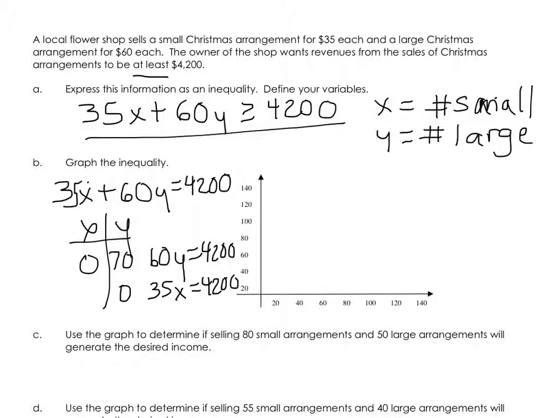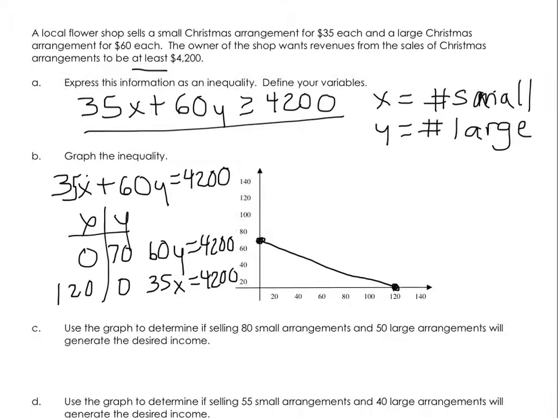Divide both sides by 35. 4,200 divided by 35 is 120. So we have (0, 70) and (120, 0). Solid boundary, staying in the first quadrant. You can't sell negative flower arrangements.